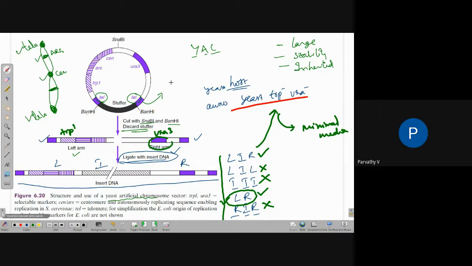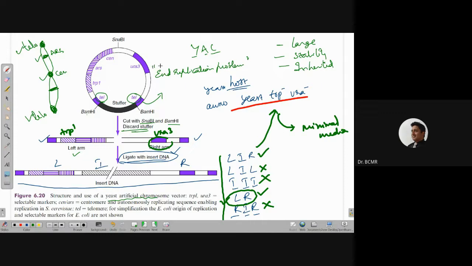Protecting the DNA from damage, sir, like during replication. What is that called? End replication problem. Yes.